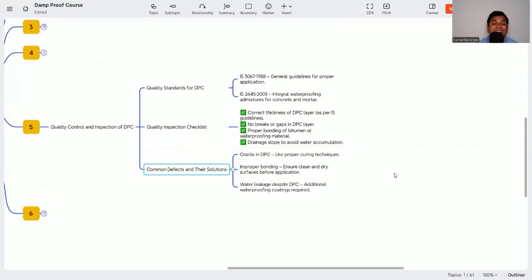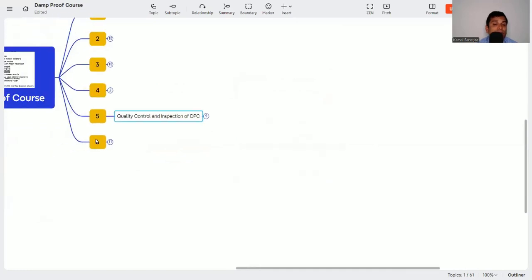There can be cracks in DPC; use proper curing techniques. For improper bonding, ensure a clean and dry surface. Then for water leakage despite DPC, an additional waterproofing coating is required. That is why periodically you need to check. If you find any seepage, again you need to apply one coat of layer. This is the quality control and inspection of DPC.